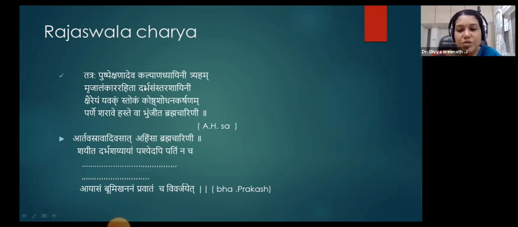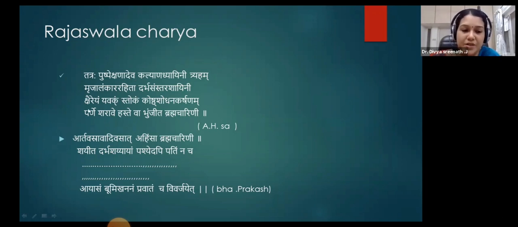Mrija Alankara Rahitam. She should not wear garlands or ornaments, it is mentioned. And Darbha Samstara Shayini, she should lie on Darbha grass. Certain food is also mentioned: Shaireyam, Yavakam, Stogam, Koshta Shodana Karshanam. During that time, the appetite will be somewhat reduced, so light food is advised, which does not cause further aggravation of vata.